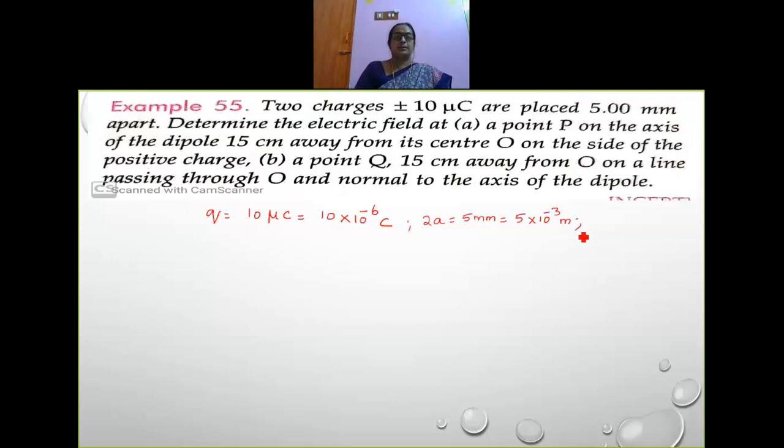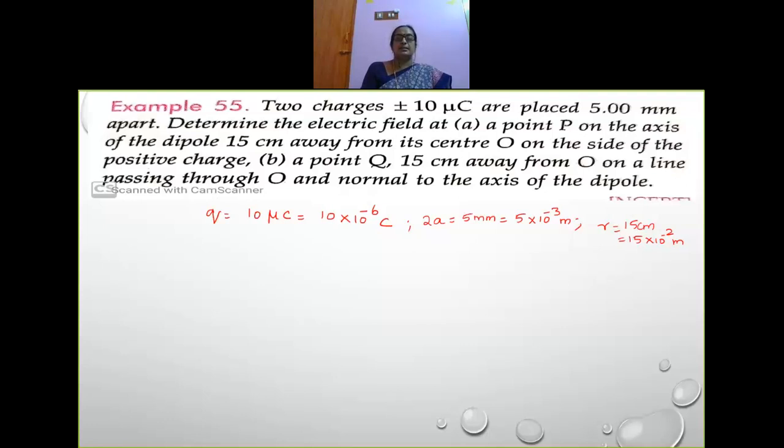Determine the electric field at a point P on the axis of the dipole 15 centimeter away from its center. What is this 15 centimeter, children? It is r. Convert it into meter: it is 15 into 10 power minus 2 meter, right? 15 centimeter away from its center O on the side of the positive charge.